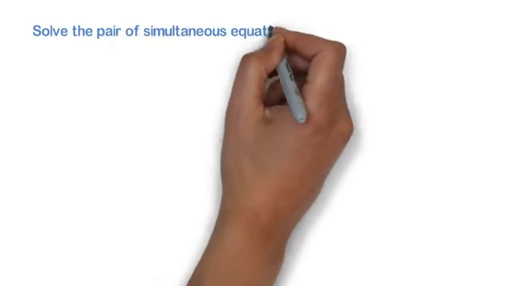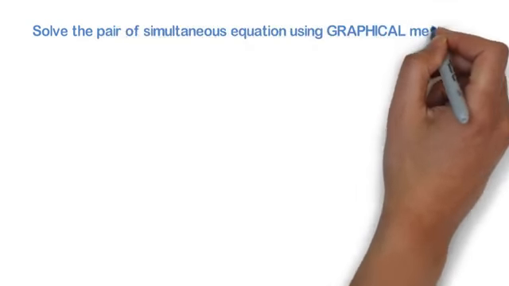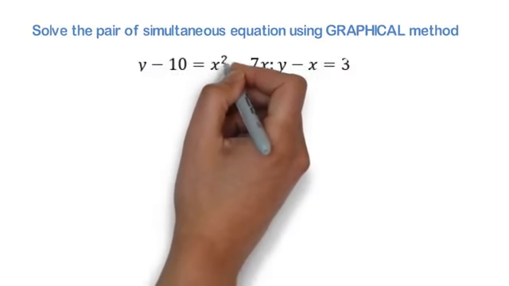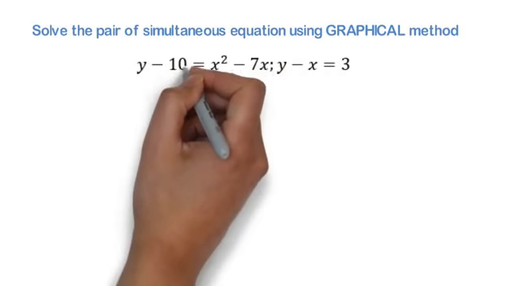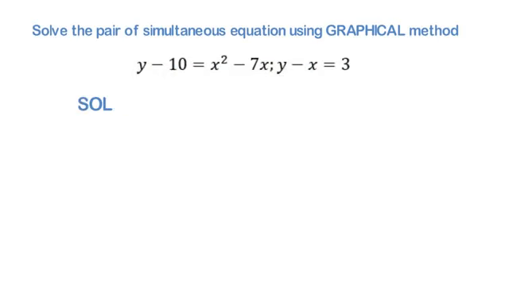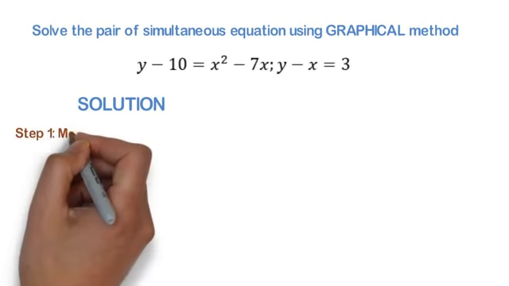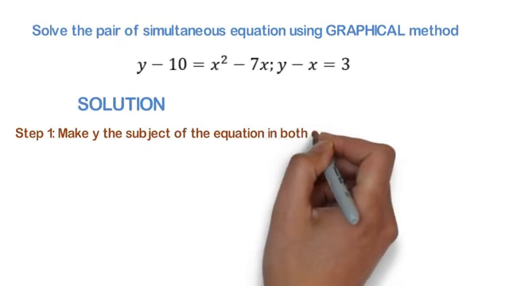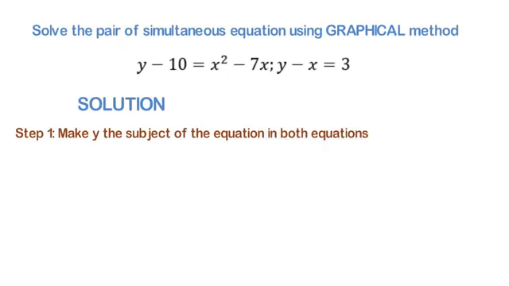Solve the pair of simultaneous equations using the graphical method: y minus 10 equals x squared minus 7x, and y minus x equals 3. Solution. Remember our step 1. Make y the subject of the equation in both equations to form relations.